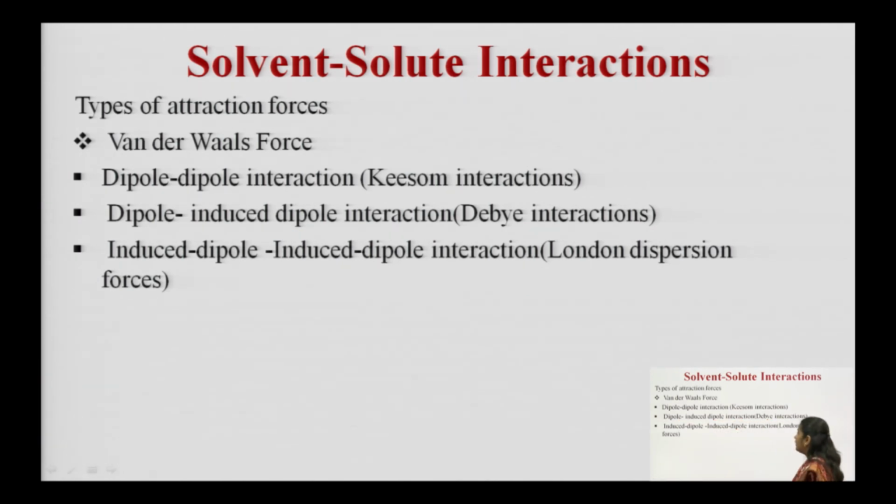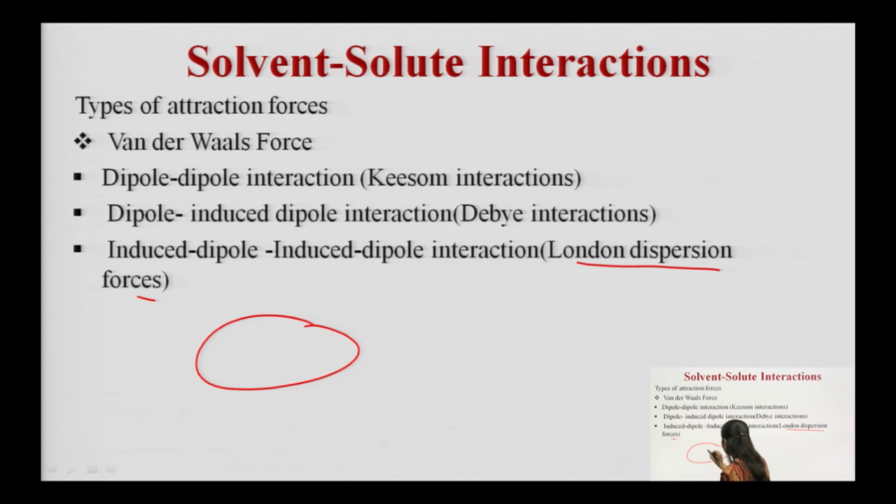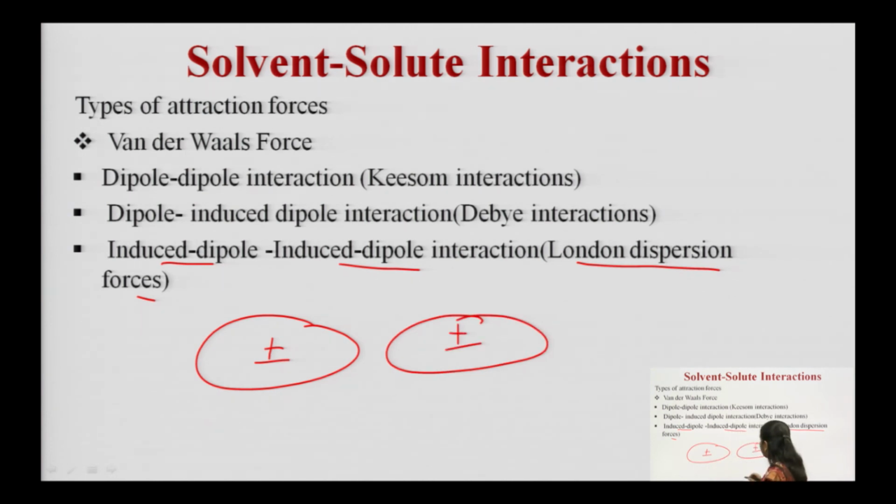Then comes the induced dipole-induced dipole interaction, which is also known as London dispersion force. It is the force of attraction which exists between two induced dipoles. Suppose two non-polar molecules are kept together and they collide with each other. As they collide, there will be a disturbance in the electron cloud and a disbalance in the distribution of electrons.